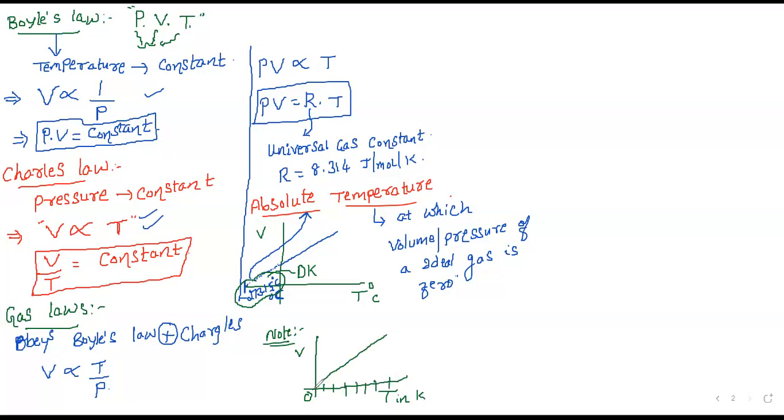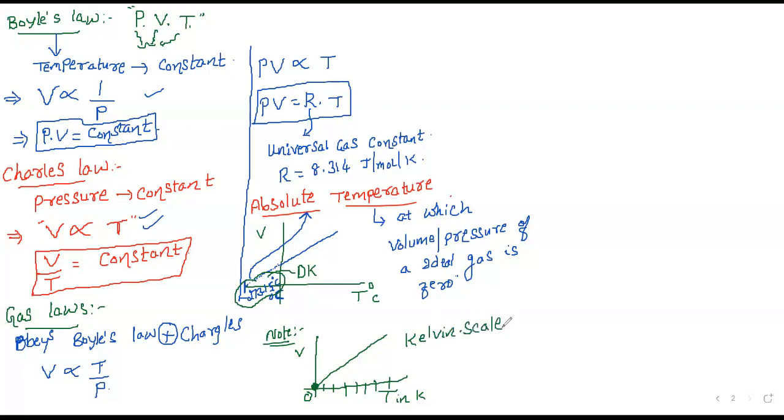So at which temperature does the volume become 0 now? It is at 0 Kelvin. At 0 Kelvin, the volume becomes 0. So this is the starting temperature now. This temperature is what we call the Kelvin scale temperature.